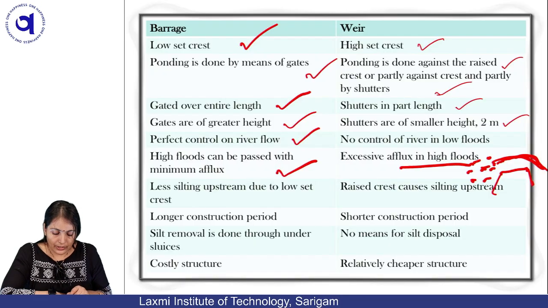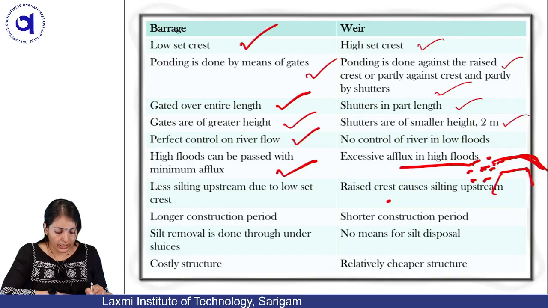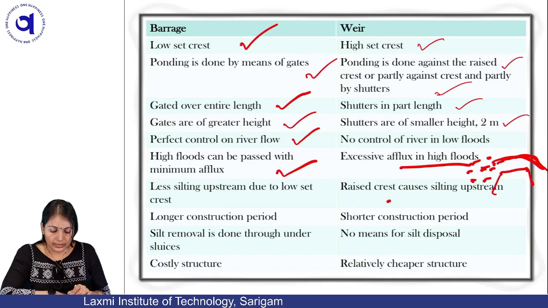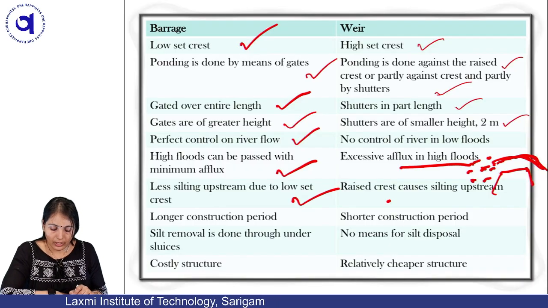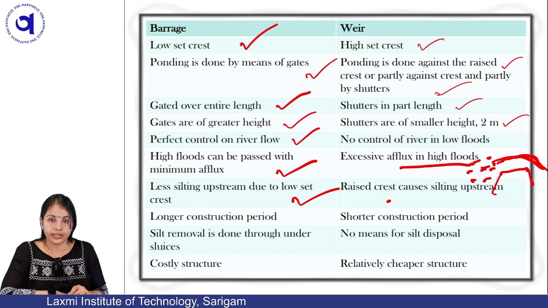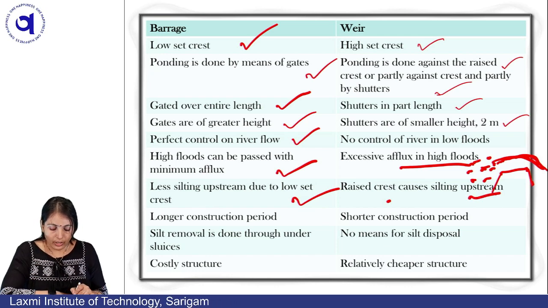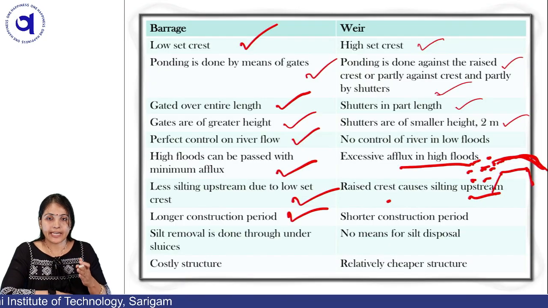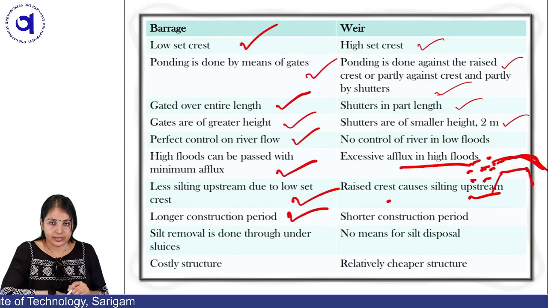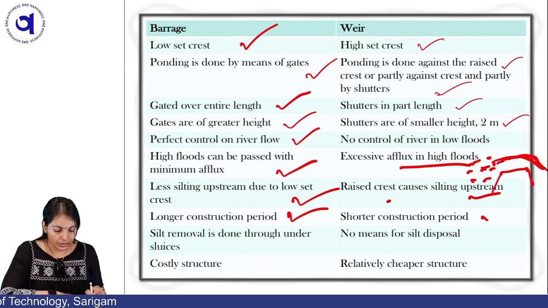Less silting upstream due to the low set crest. A raised crest causes silting upstream, so there is low silting in the barrage. Longer construction period: in the barrage, as gates are more important, the construction period is longer, while in the weir it is shorter.